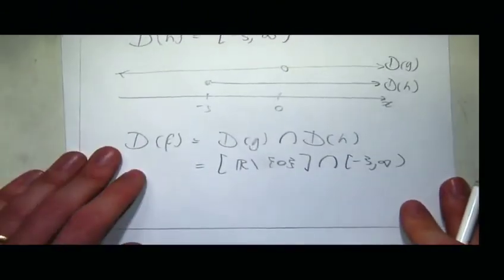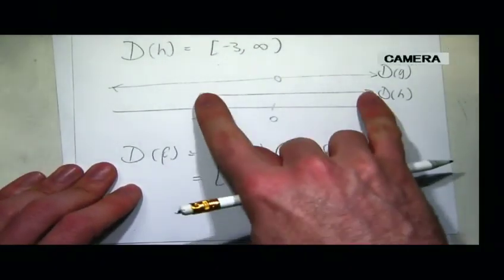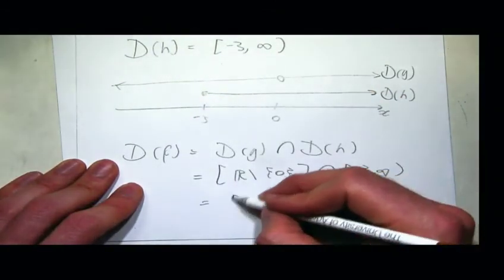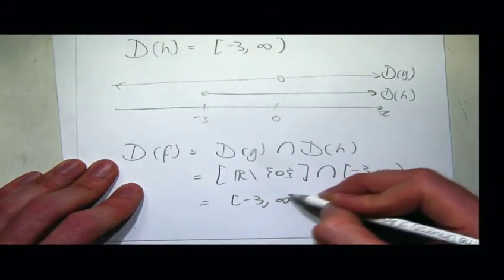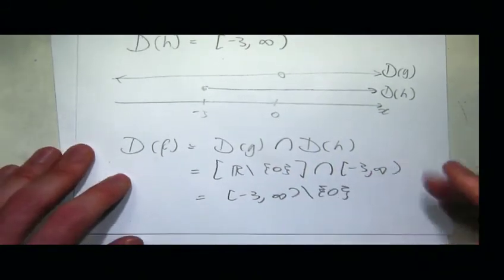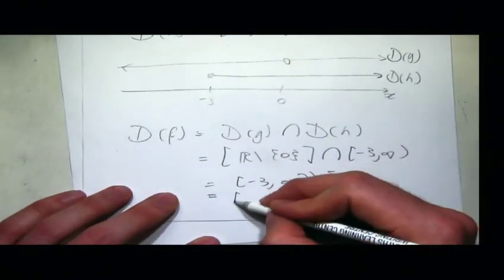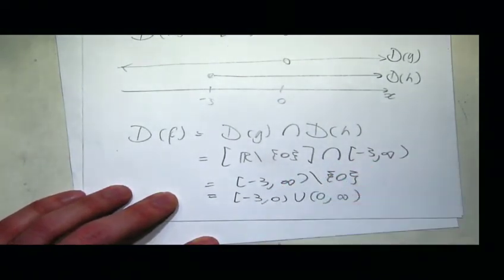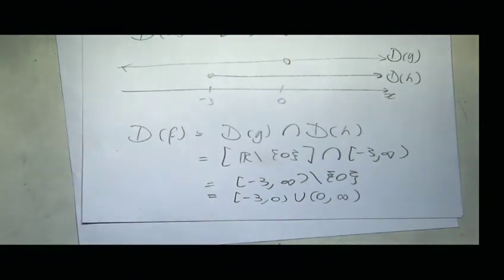But if we just look at our graph, the part that's in both is that bit, but not the 0. So it's minus 3 to infinity except 0. That's one way of writing it if you want. Or you could just as easily write it's from minus 3 to 0 and from 0 to infinity. And often they'll say write it as the union of two intervals, which is what that is.